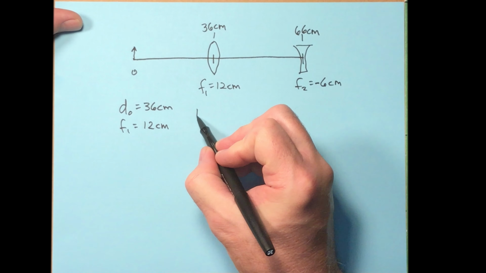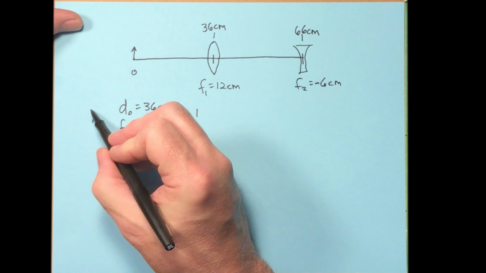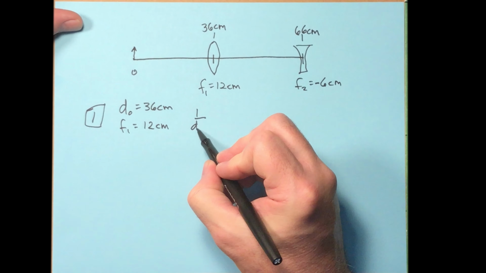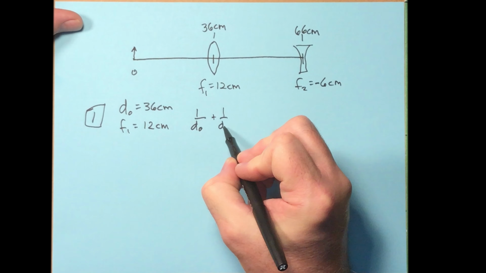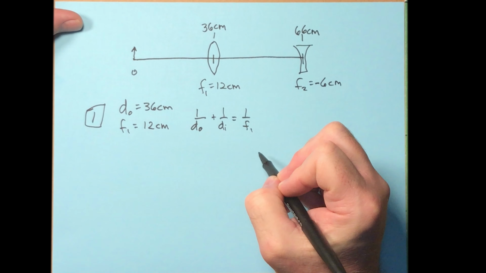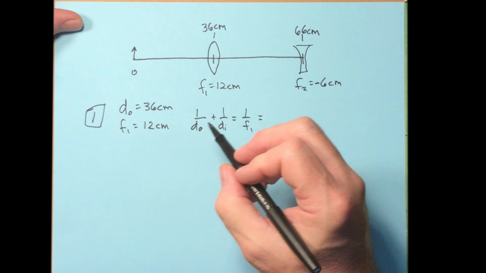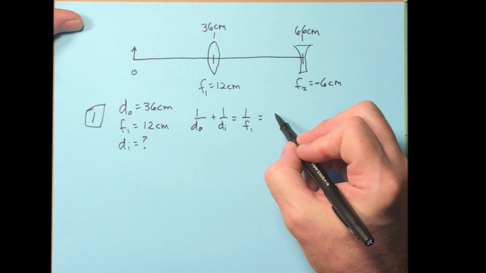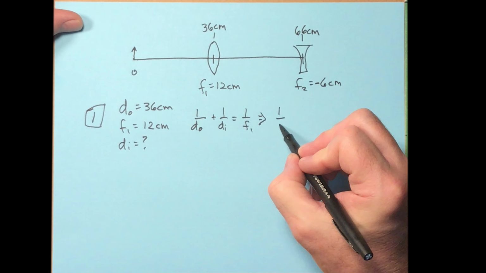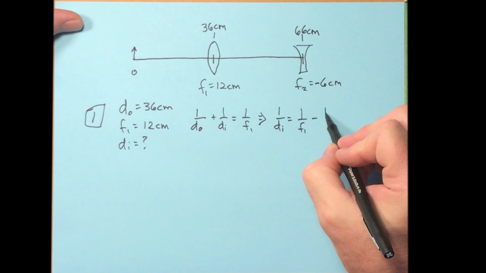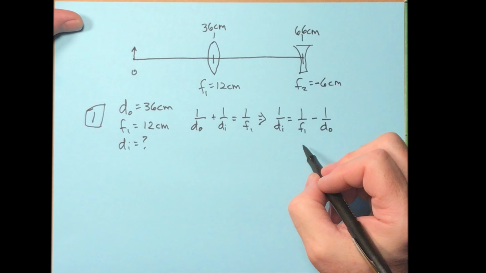Okay, so we're doing the first lens here. So this is for lens number 1. 1 over DO plus 1 over DI is equal to 1 over F1. And we're after DI. So what does that mean? 1 over DI is equal to 1 over F1 minus 1 over DO.